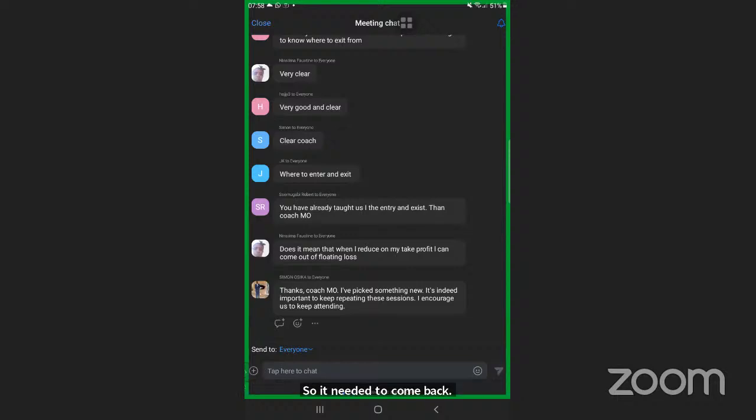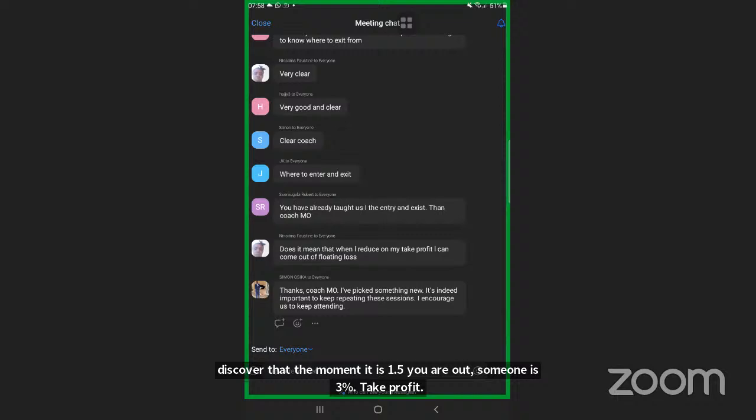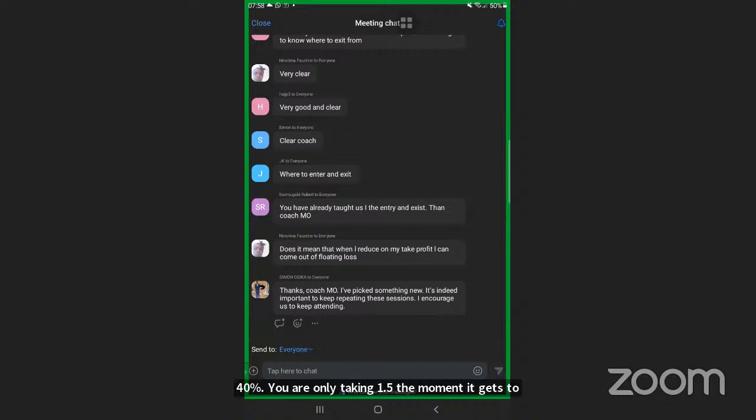When it starts coming back, if you reduce your take profit, you will discover that the moment it is at 1.5, you are out. Someone with a 3% take profit has to wait for 3%. You are only taking 1.5. The moment it gets to 1.5, your robot sells. Someone with 3% is still in the market. That's the difference.